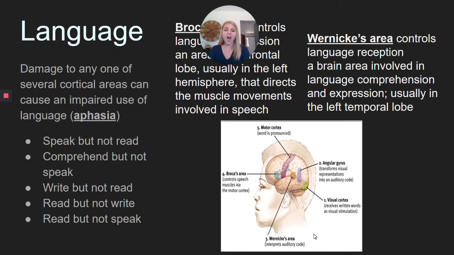But we actually have learned from a very early point that the brain is asymmetrical, and that while our brain does have two halves, and we have the four lobes in each hemisphere, the cerebral cortex is not made equal, and certain parts of the cerebral cortex actually have different jobs from the left side to the right side.